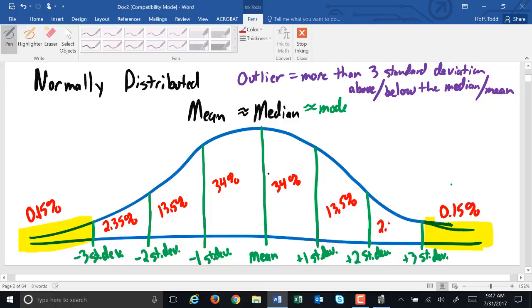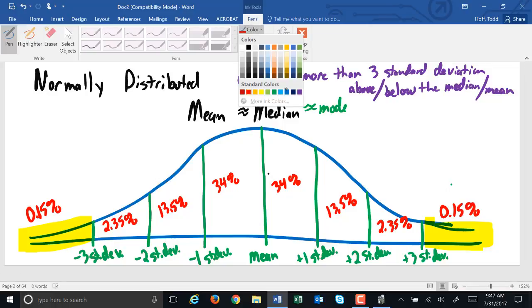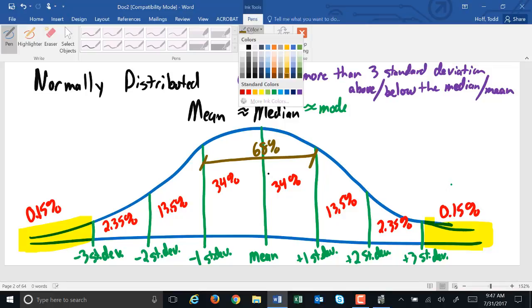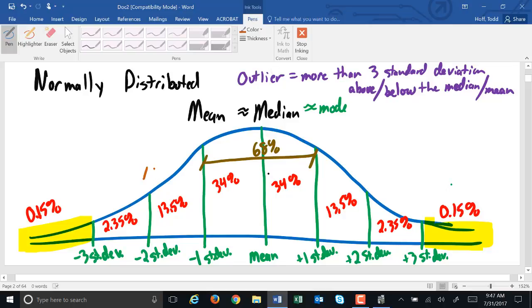2.35% is between 2 and 3 standard deviations away from the mean on each end. So what that really comes down to is within 1 standard deviation of the mean is 68% of the data. Within 2 standard deviations of the mean is 95% of the data.